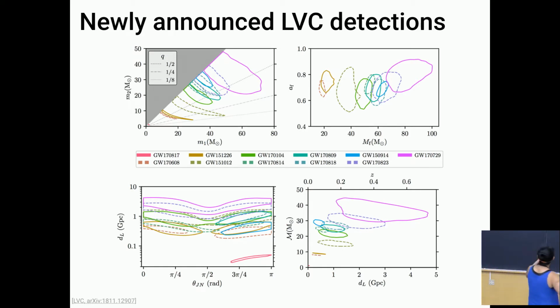This is just showing that there's a little bit of degeneracy. There's a difference between the distance, how far away it is, because maybe something is a little bit dimmer, maybe it's farther away, or maybe it's inclined at a slightly different angle. These are all the things that go into estimating the parameters of these systems. And I think that's all I have.